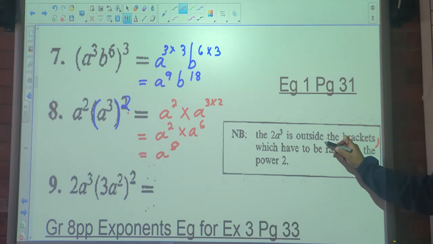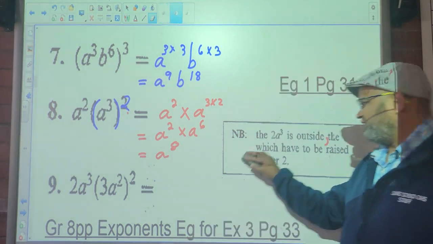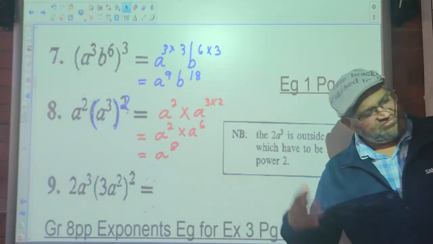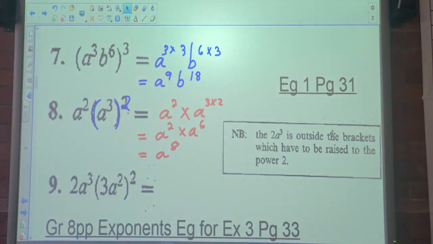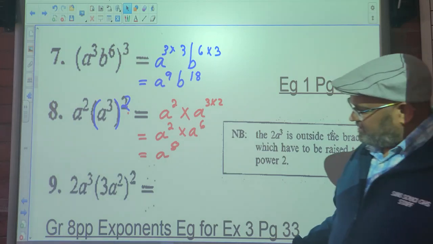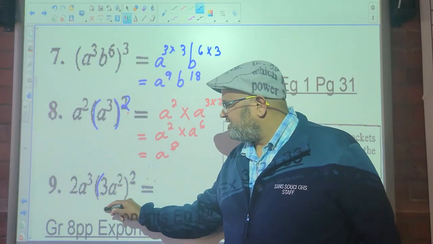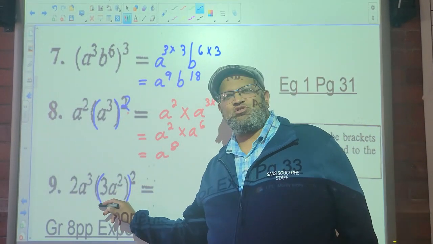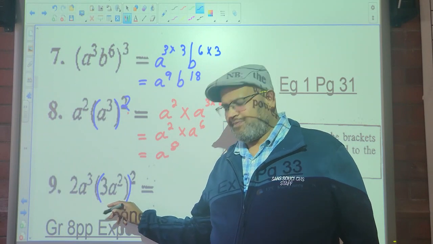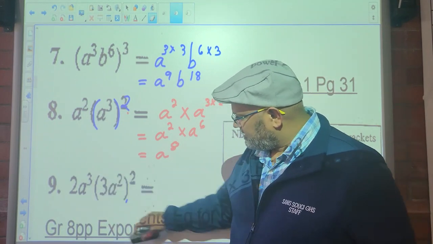So is the 2a cubed raised to the power 2? No. I'm not very good at this English stuff, but I would say it should not be raised to the power 2. You guys understand what I'm trying to say: this squared is only on the bracket, so it only applies to the bracket. Right, so let's go with that quickly.